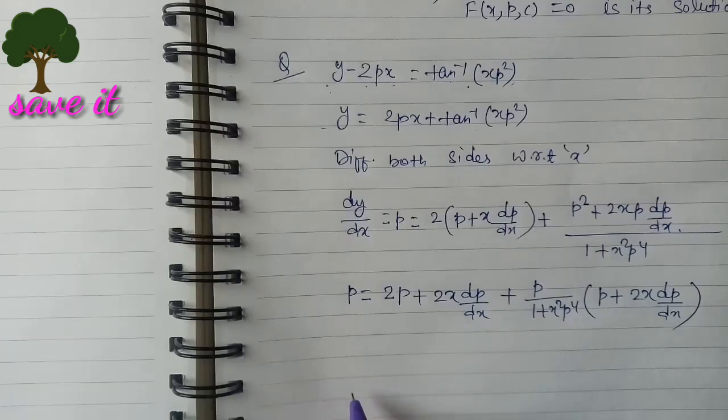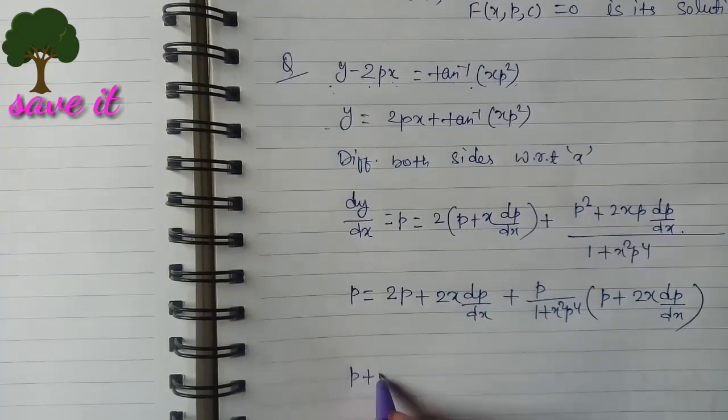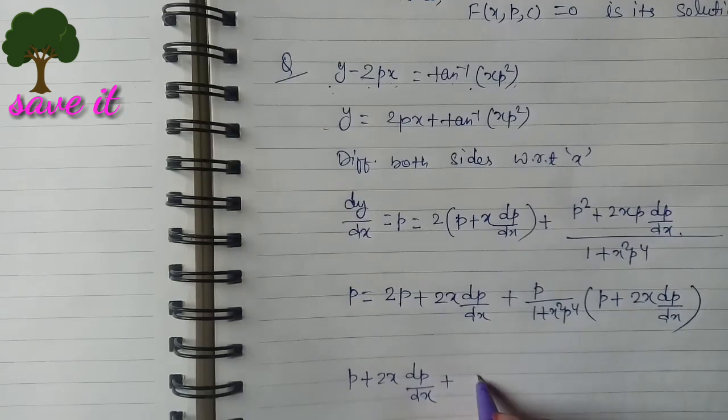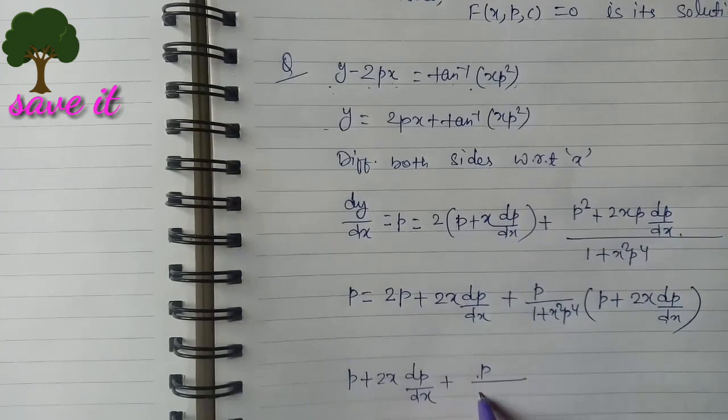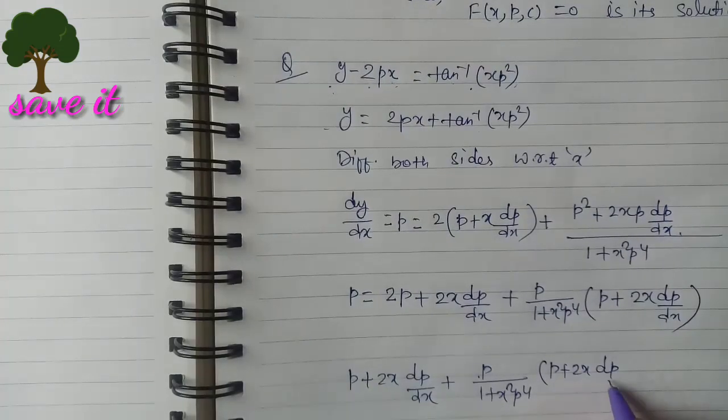Now from here we can write p plus 2x dp by dx plus p upon 1 plus x square p to the power 4 times p plus 2x dp by dx, which is equal to 0.